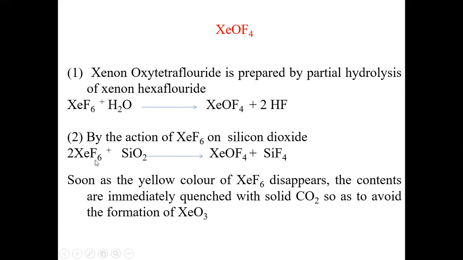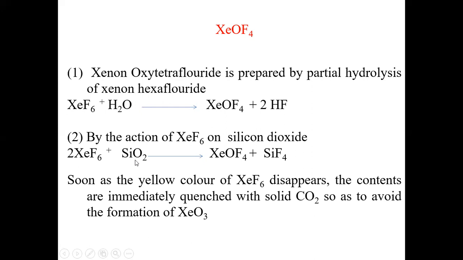Now the second preparation is by the action of xenon hexafluoride on silicon dioxide. So xenon hexafluoride, when it reacts with silicon dioxide, forms xenon oxytetrafluoride, and silicon tetrafluoride is liberated as a byproduct.